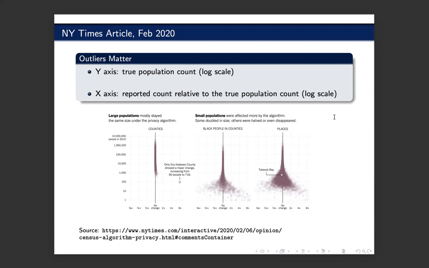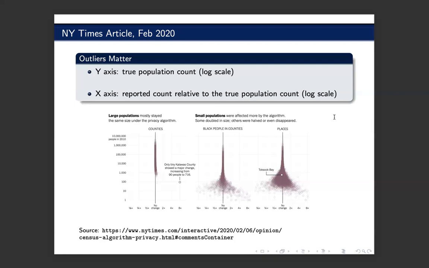The middle line is the true population as reported in the 2010 census, and if you apply Laplace noise to it, you are either over reporting by a factor of 248 or under reporting by a factor of 2.248.